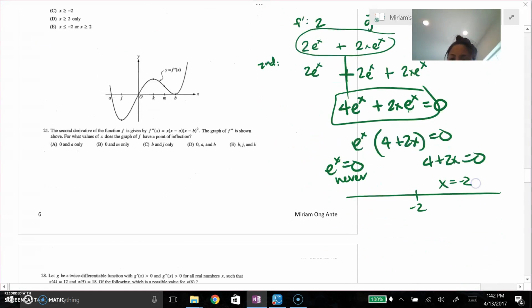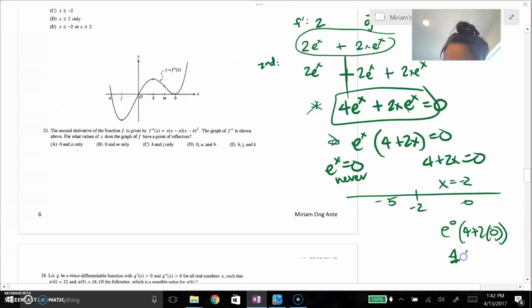Okay, let's choose a number before -2, let's say -5. Let's choose a number after, let's say 0. So if I plug in 0 into my second derivative, either this one or this one, I choose the star. e to the 0, 4 plus 2 times 0 is 1 times 4, which is 4, which is positive. So this area is positive.